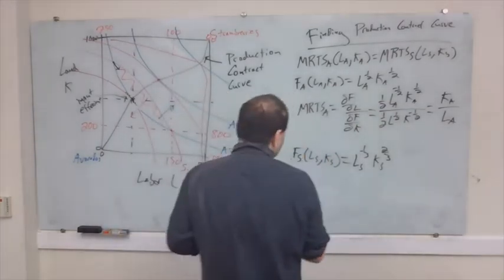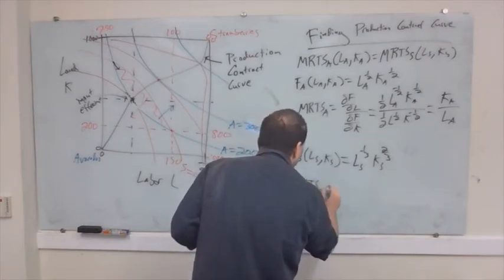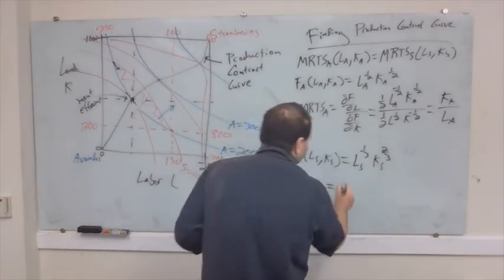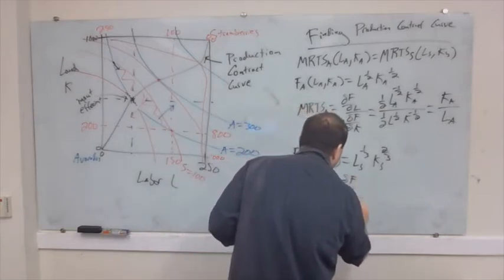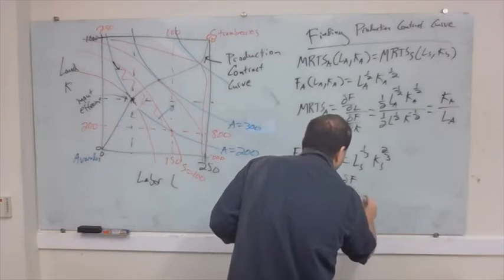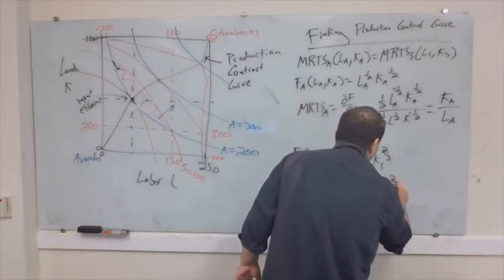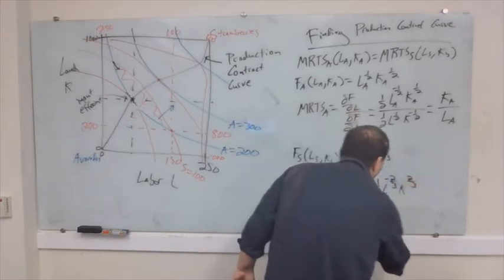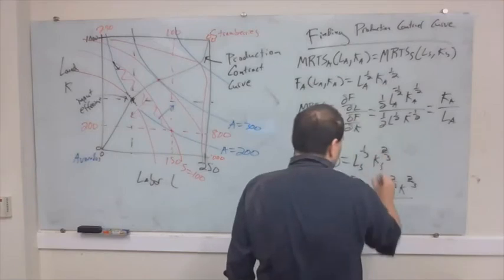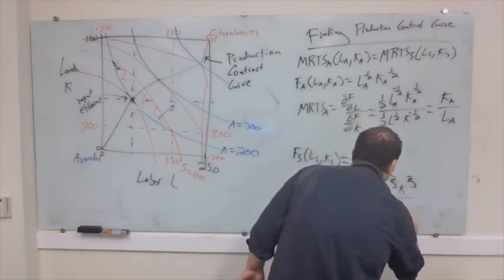And then our MRTS in strawberries, we're going to do the exact same thing. It's going to be f_L over f_K, which is going to be 1/3 L to the minus 2/3 K to the 2/3 over 2/3 L to the 1/3 K to the minus 1/3.